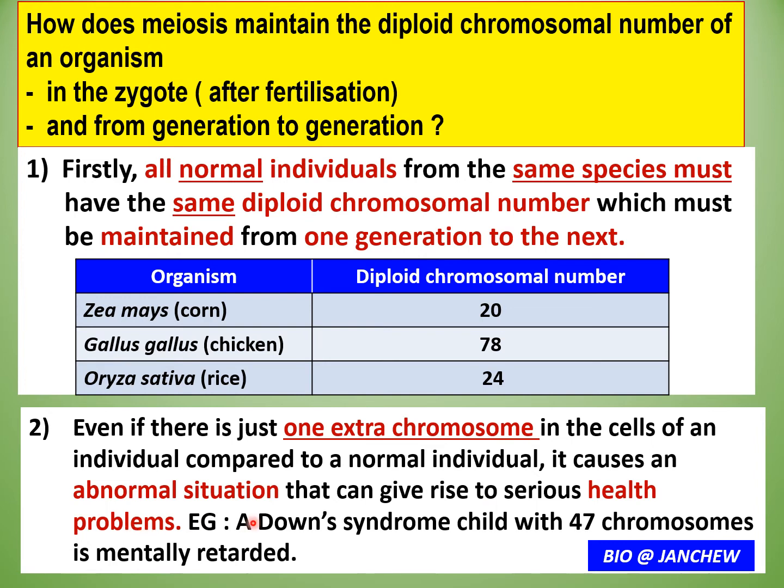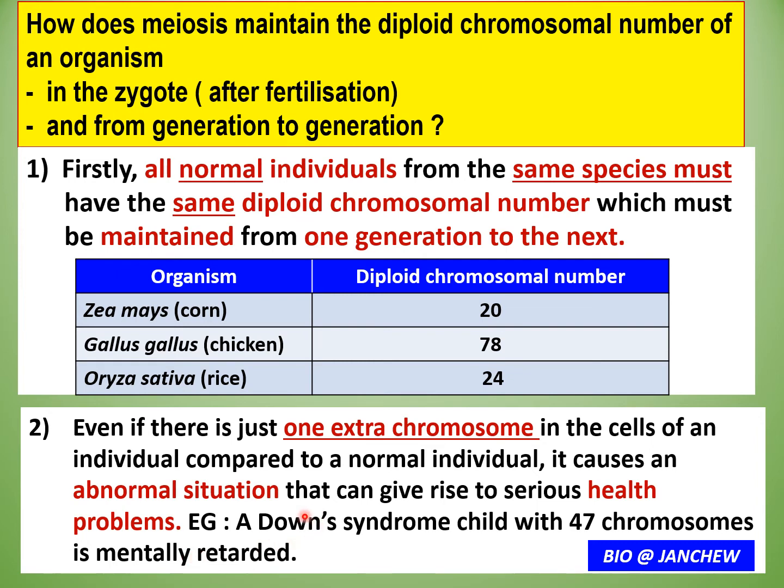For example, we know that a human being has the diploid chromosomal number of 46. A normal human being will have 46 chromosomes in each diploid cell, whereas a Down syndrome child has 47 chromosomes.